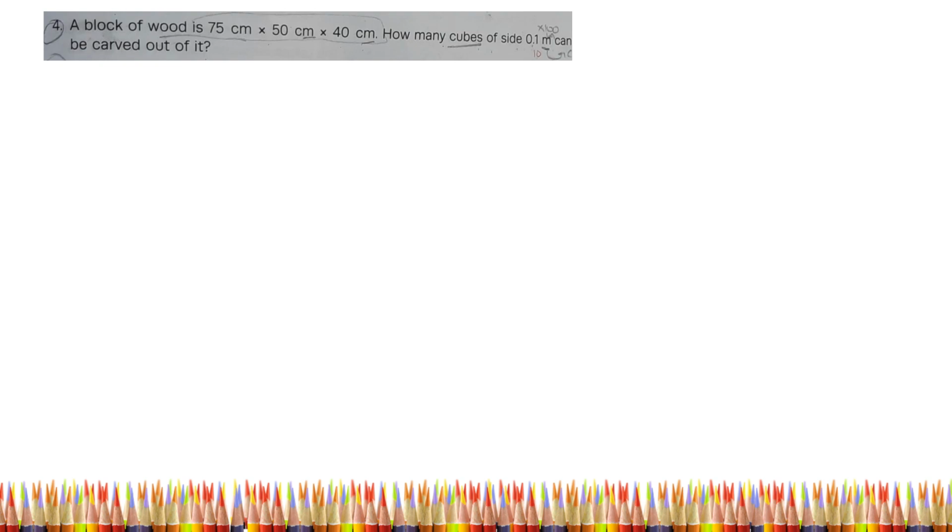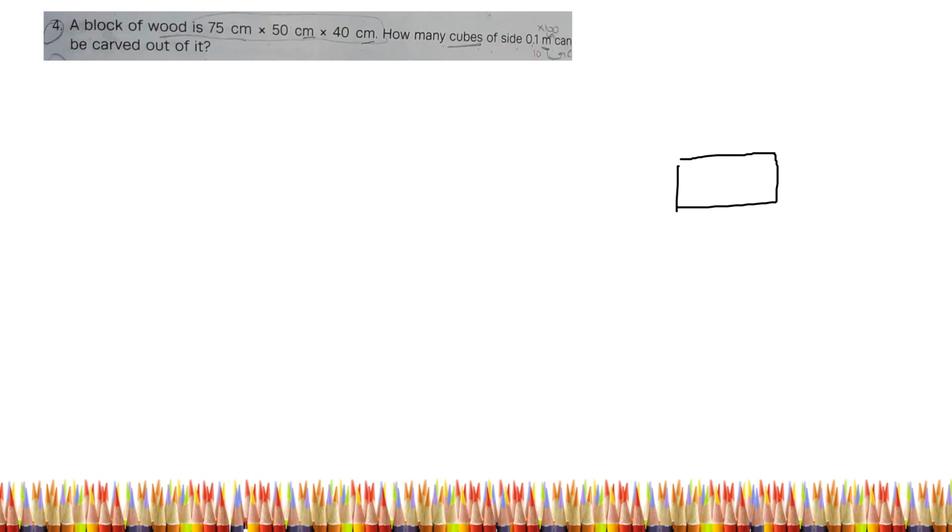Okay, so next we have a block of wood that is 75 by 50 by 40 centimeter. How many cubes of side 0.1 meter can be carved out of it? So firstly, again, we need to find the volume of the wooden block. For example, this is the wooden block, right?